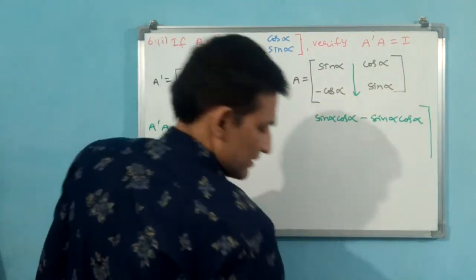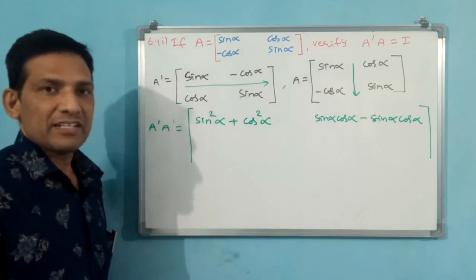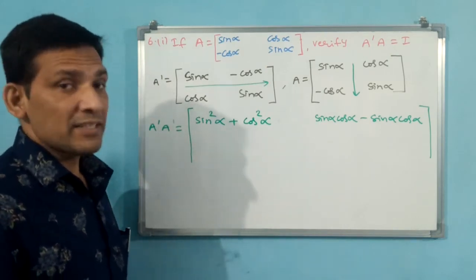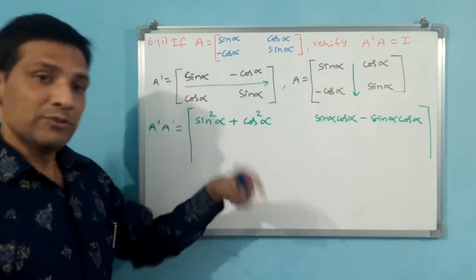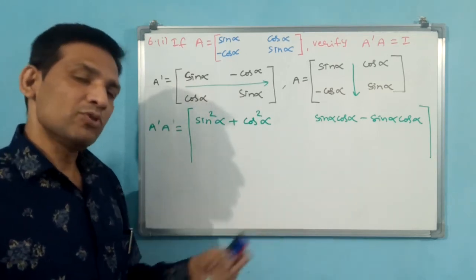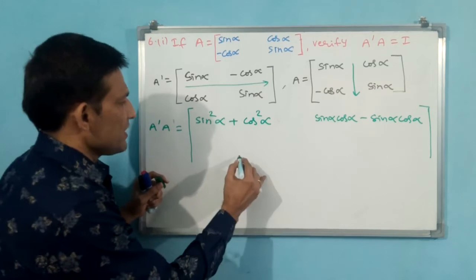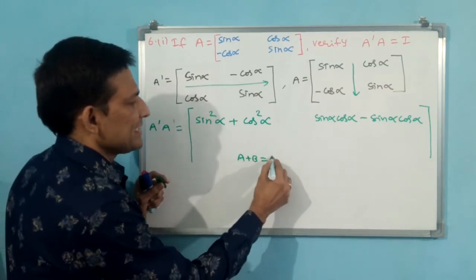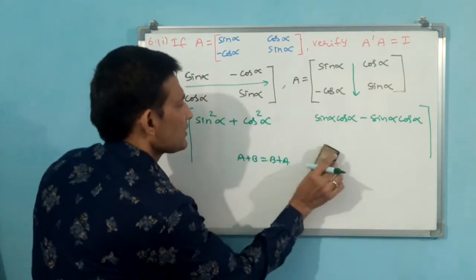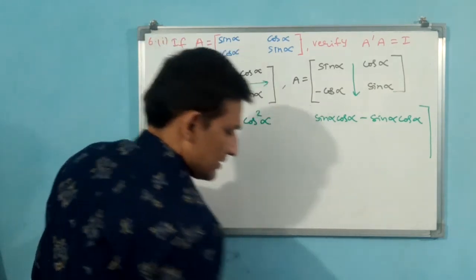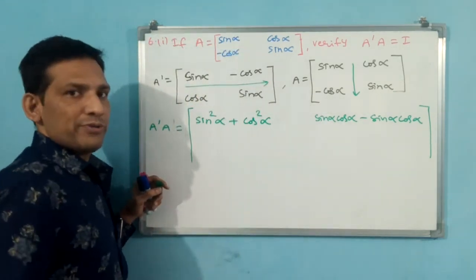Elements you can interchange for multiplication, but matrices you cannot. For addition, both elements and matrices you can interchange, because A plus B is equal to B plus A for matrices. These concepts you have to know very well, then problems you are going to do easily.